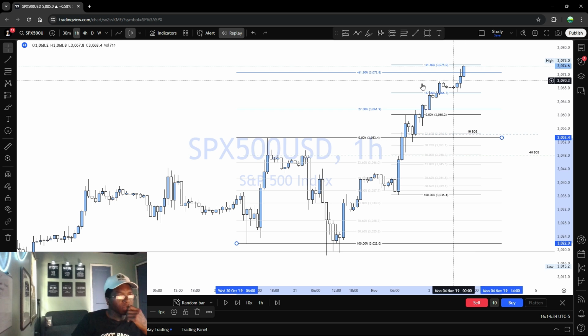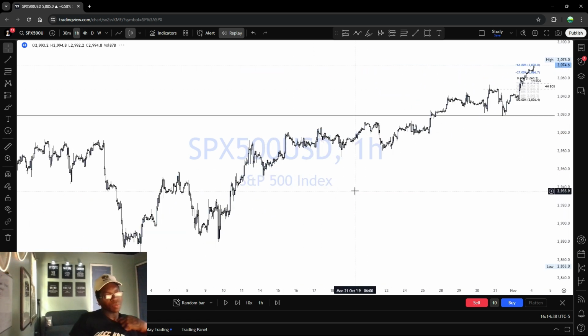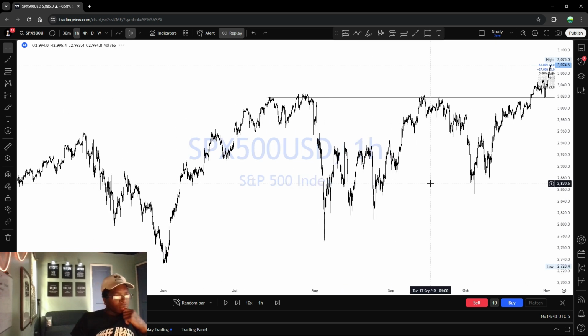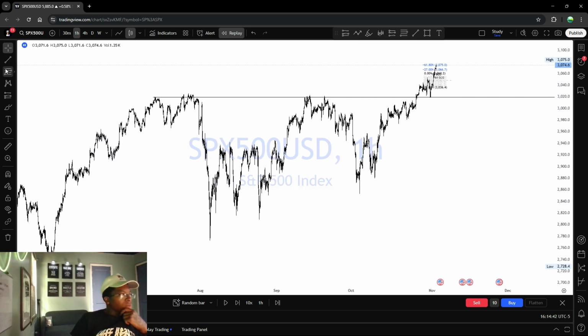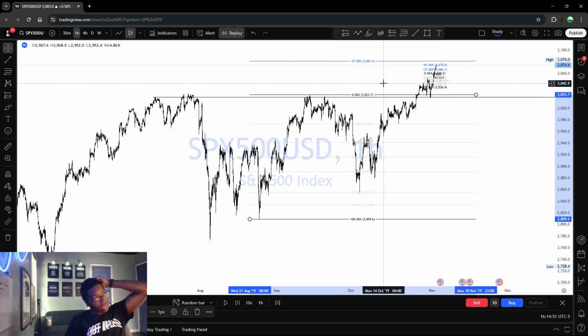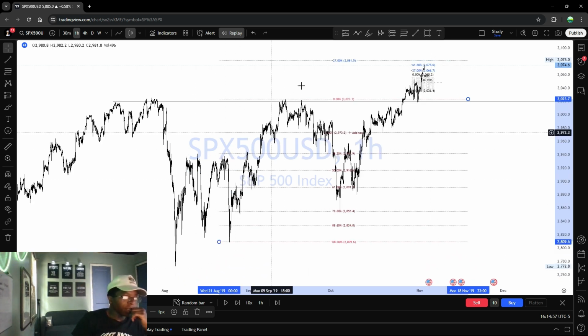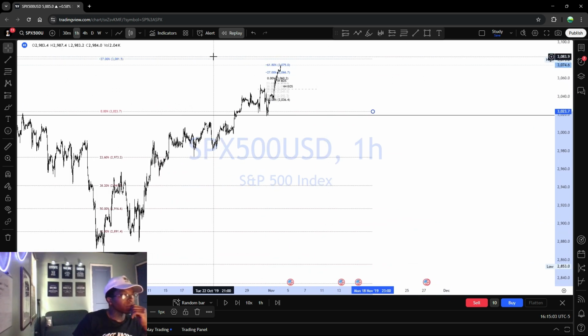Correction, negative 27, negative 6.4. It's actually a 4 hour. But I do see that based off this impulse, correction, continuation, you see negative 27 here.